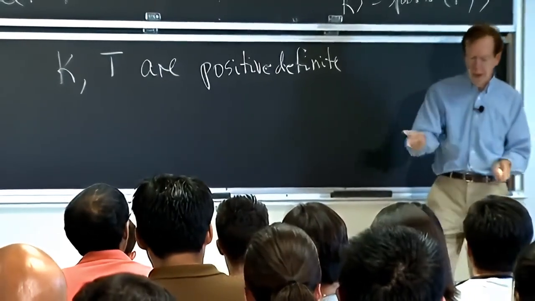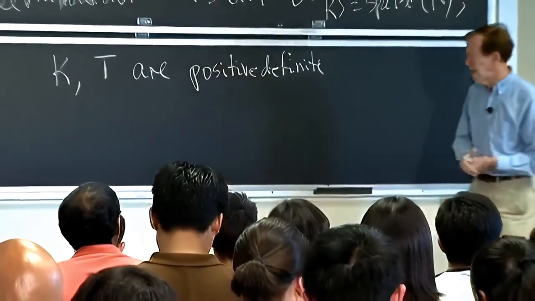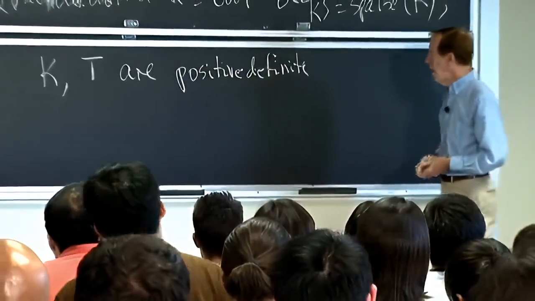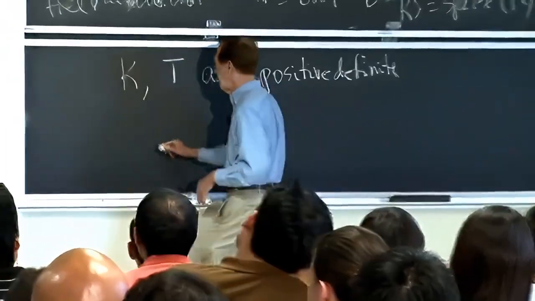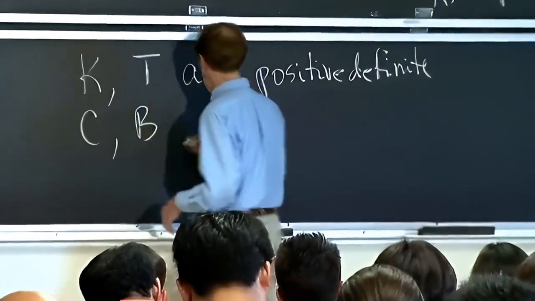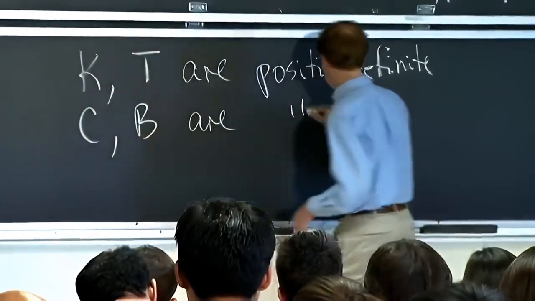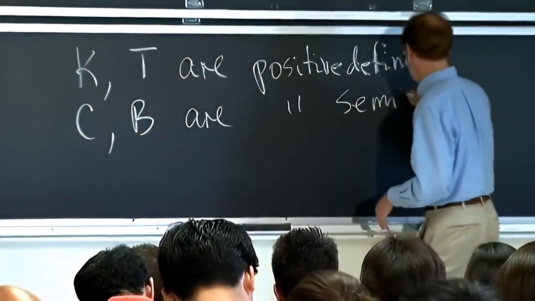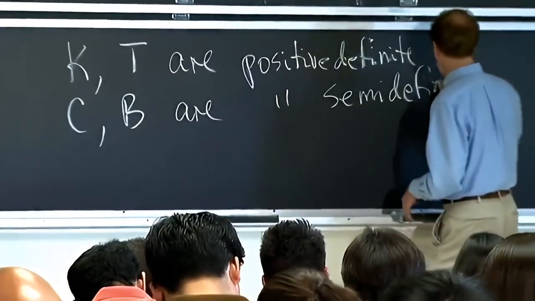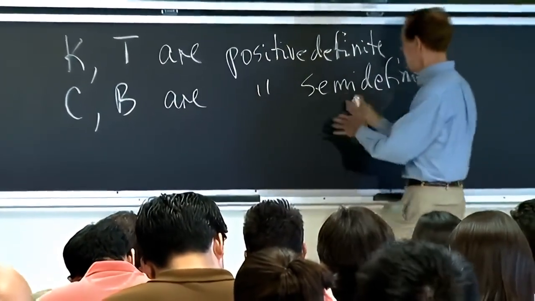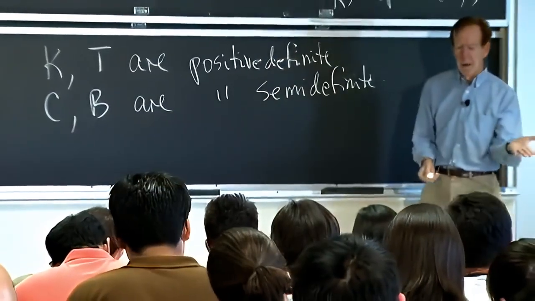Because I can tell you one way to recognize a positive definite matrix. And while we're at it, let me tell you about C and B. Those are positive semi-definite, because they hit 0 somehow.